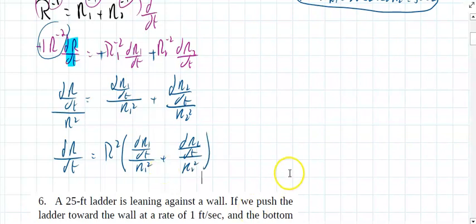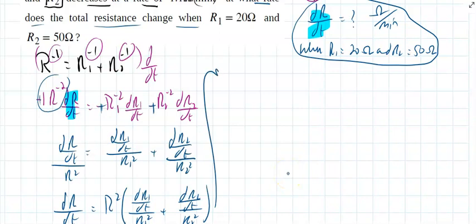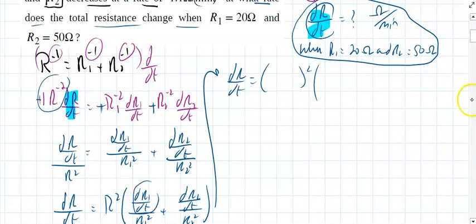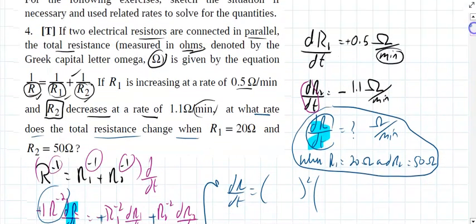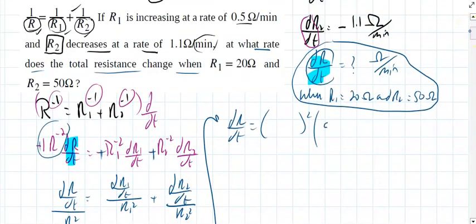Now, I have what I need, which is this on one side, everything else on the other side. The change of R with respect to t equals R squared, which I'll get in a minute, times dR1/dt, which is given to be 0.5 ohms, divided by R1 squared, which is 20, plus dR2/dt, which was negative 1.1.